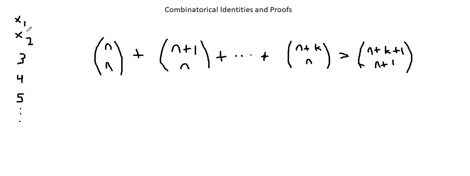let's say the first person, and we have all the way until n plus k plus 1, or k plus 1. We have n plus k plus 1 people because we're choosing n plus k plus 1 people, right?